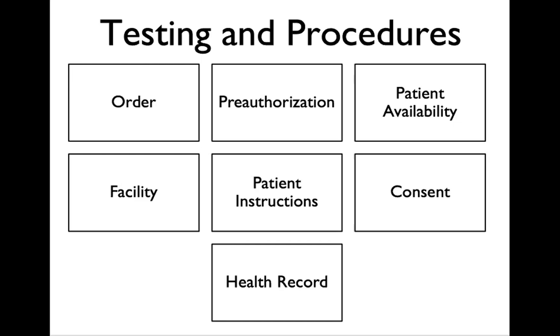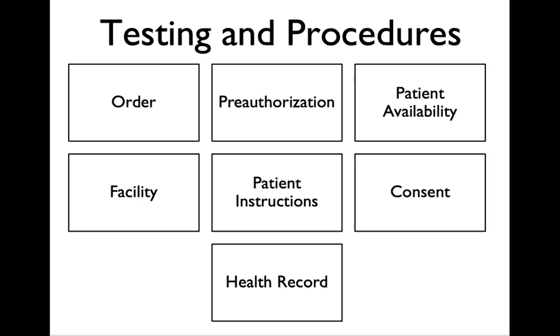We have to get those tests scheduled for the patient. So when we are setting up an appointment for some type of test at the hospital, the first thing we have to do is get an order from the doctor, and it has to be a written order. Depending on the setup, we may be able to electronically send the order over to the hospital, or we may have to print the order, give it to the patient, and they take it with them to the hospital.